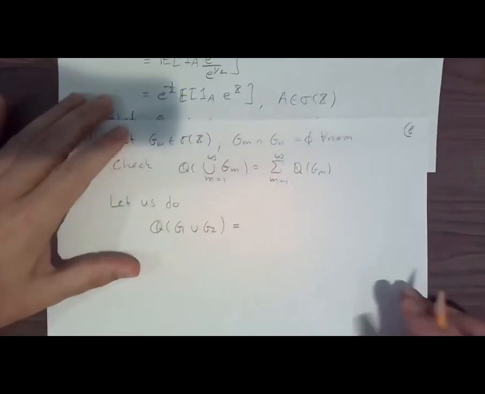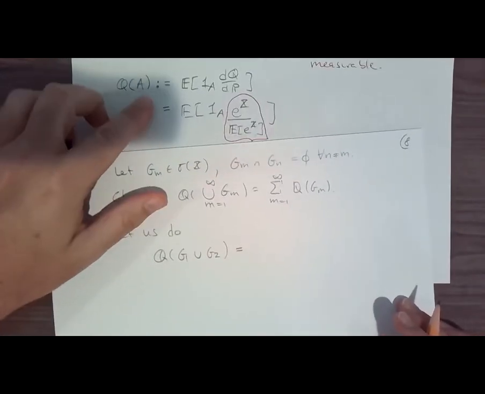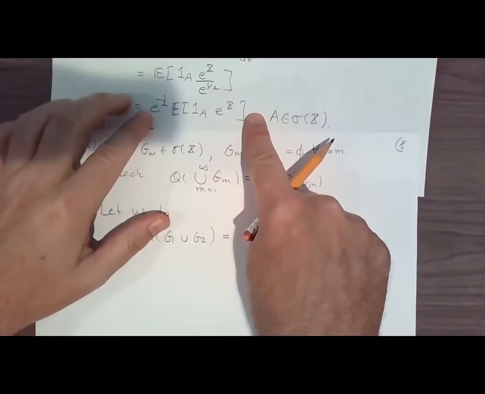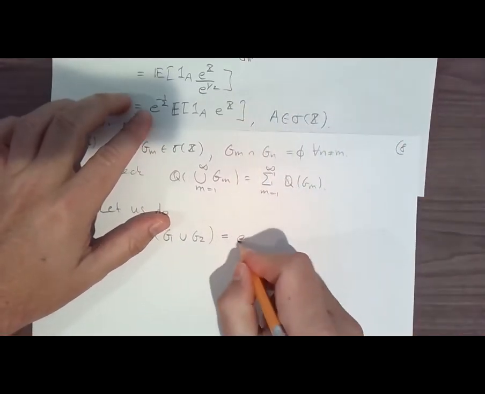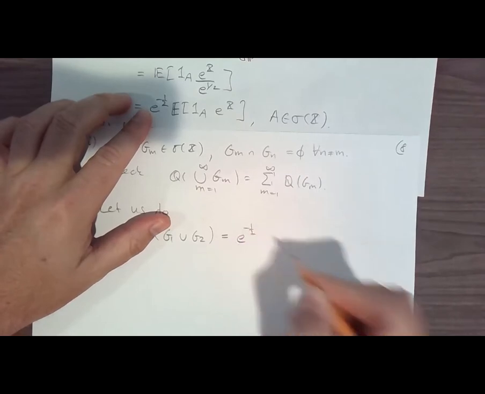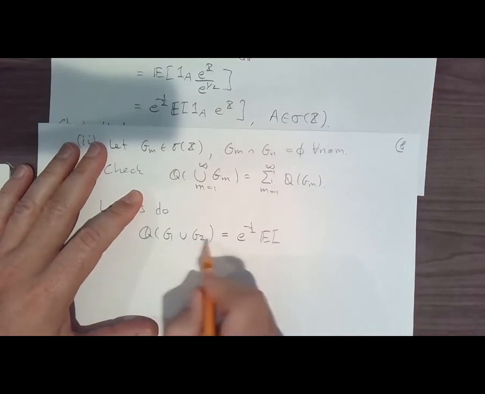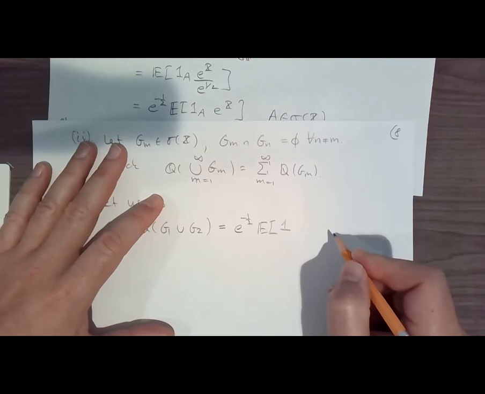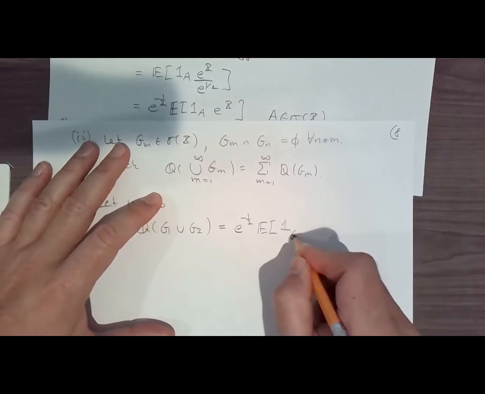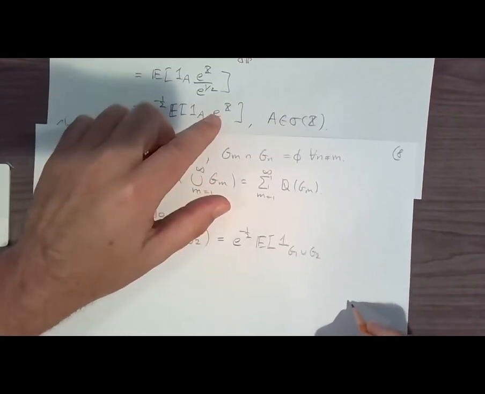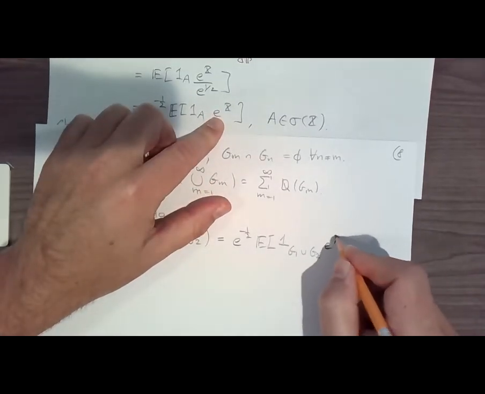We always have to use the formula. So the formula for a set A, given according to this mess here. I'll have e to the minus 1/2 times the expectation, and instead of A, I have G1 union G2. I have the indicator for G1 union G2 times e to the X.